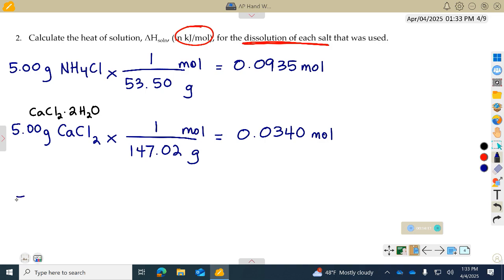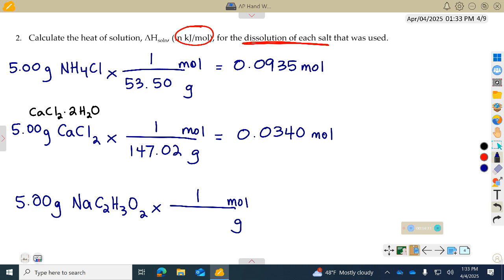And then finally, 5 grams of sodium acetate, NaC2H3O2. I need it out of grams and into moles. 1 mole has the mass on my periodic table. But again, it was a hydrate.